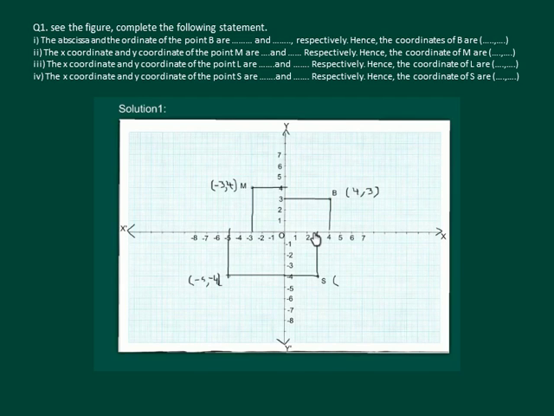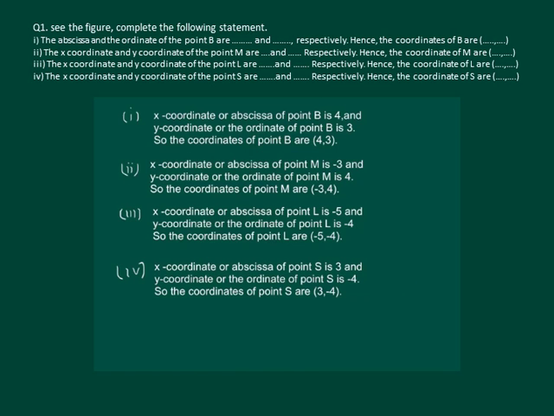So the x-coordinate is 3 and distance of S from the x-axis is -4. So the y-coordinate is -4. And hence we have in the answer that the coordinates of point M are -3 and 4, of point L are -5, -4, and of point S are 3 and -4.